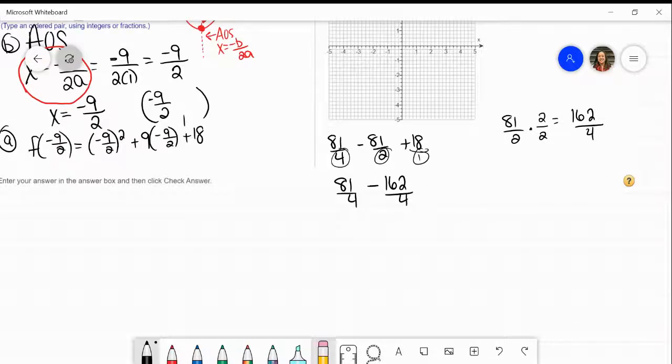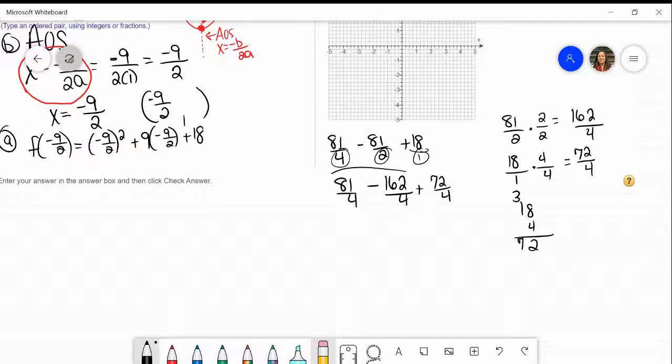Then I need to change that 18 to something with a 4 in the denominator. So 18 times 4, 8 times 4 is 32, 3 plus 4 is 7. So that's going to be 72 fourths.